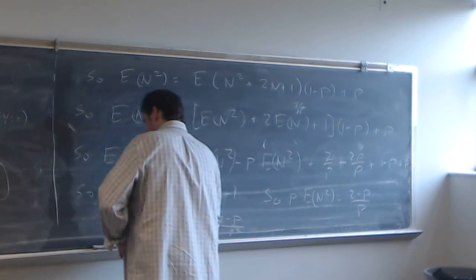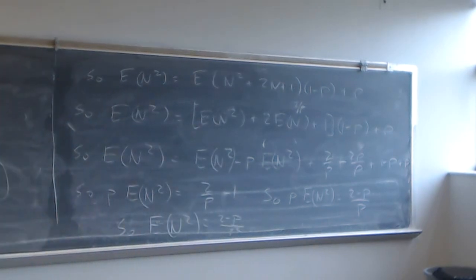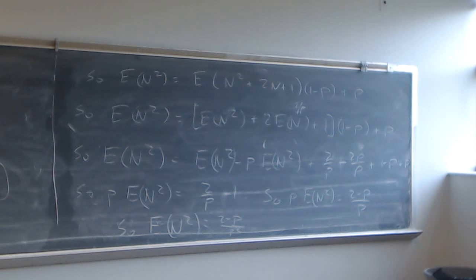All right, that's what we got by conditional expected values. So now we're ready to answer for the variance of n, the variance of a geometric random variable.